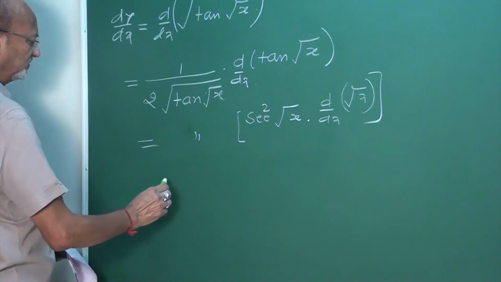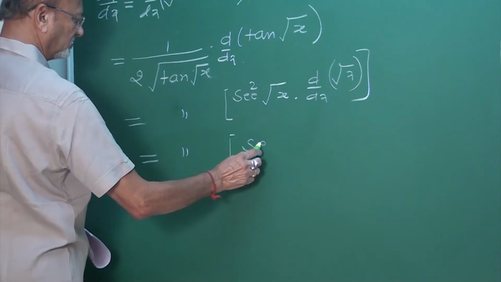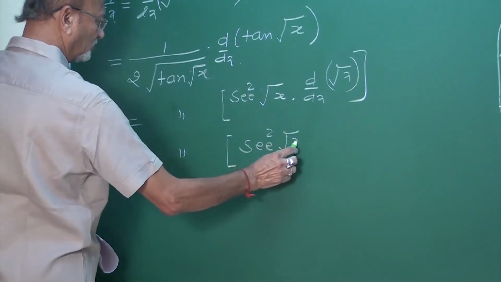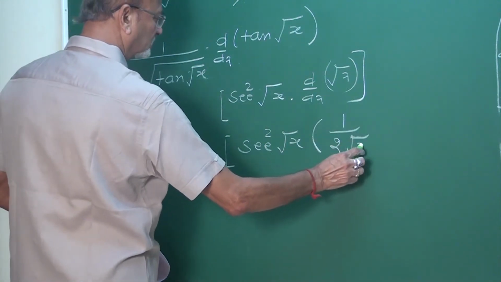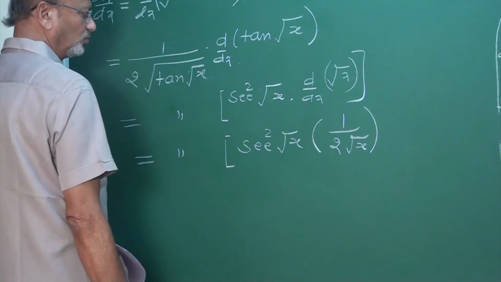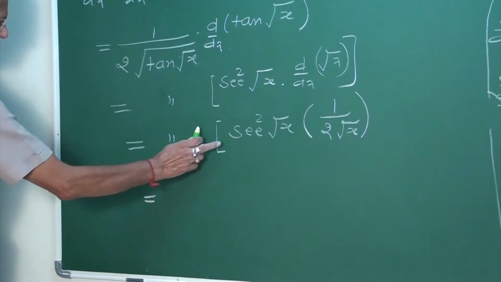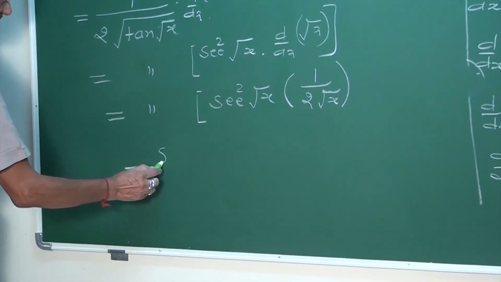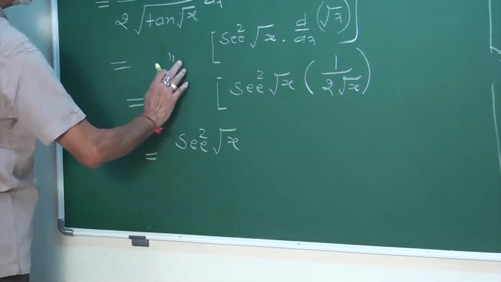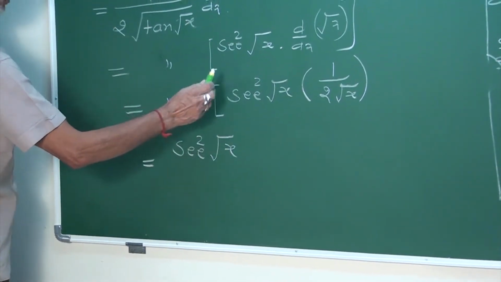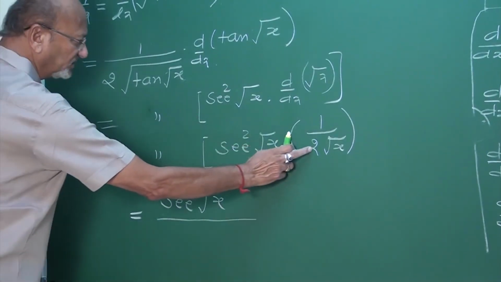Yes, this is same. Bracket sec square root x into derivative of root x, which is 1 by 2 root x. If you want to write everything at a stretch, simplification: numerator is sec square root x. Anything else in the numerator? Nothing. Down, my friend, this 2 with this 2 is 4.